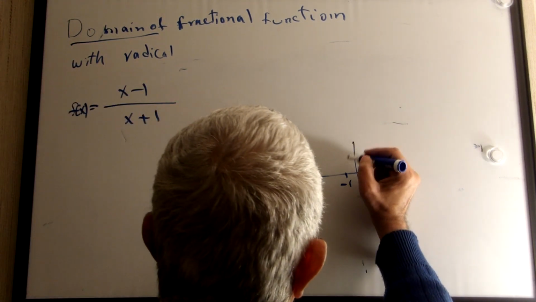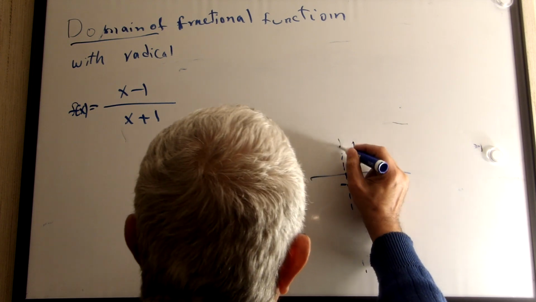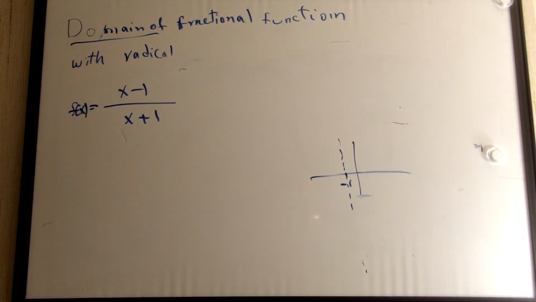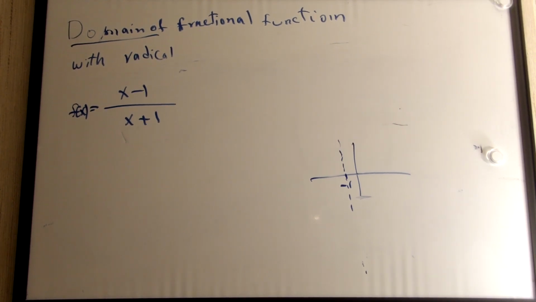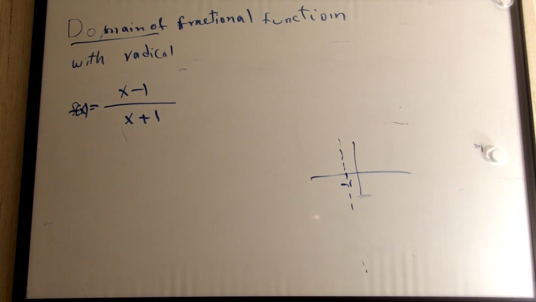See, the vertical asymptote is going to be like this. And when you try to graph it, I think we won't have time to. We talked about that earlier.